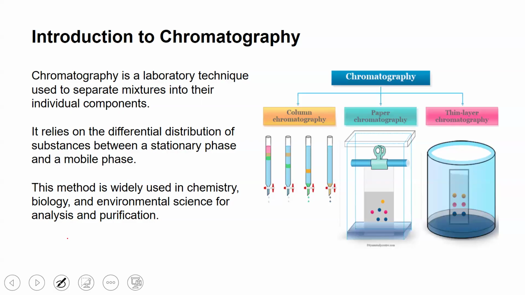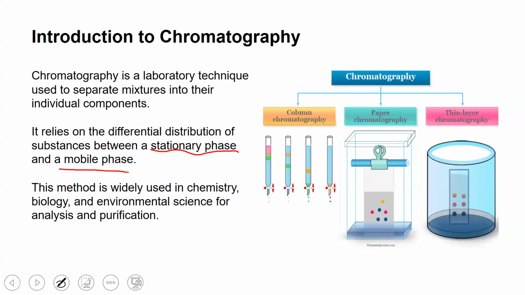The principle behind chromatography relies on the differential distribution of substances between a stationary phase and a mobile phase. The separation of the components of the mixture depends on how they are distributed.